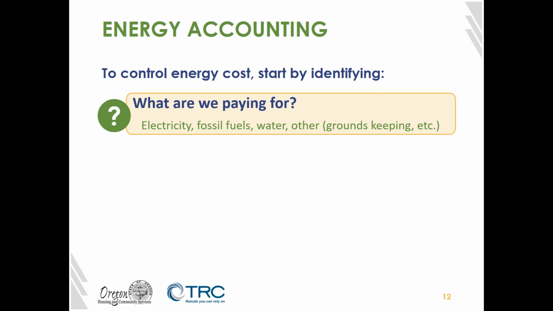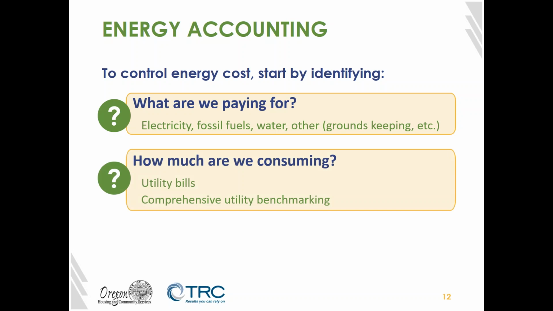They may include fossil fuels like natural gas, in some more remote locations sometimes propane, water, and there are other upkeep costs like groundskeeping. Properties with large amounts of landscaping, groundskeeping expenses can be significant. So we need to know what services we're paying for, and then for each of them, how much we are consuming. The most basic way to understand this is via the utility bills.